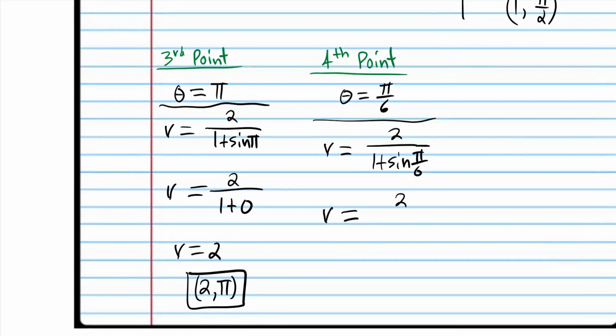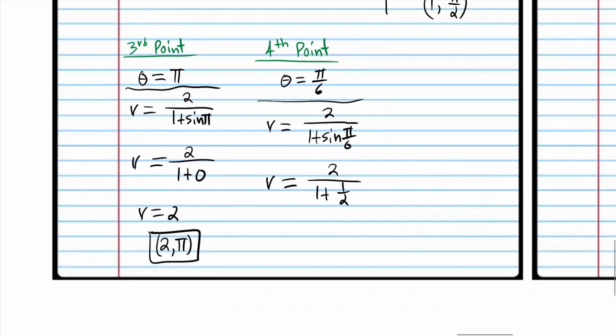So we get 2 over 1 plus 1/2. Now you might be thinking, how in the world did I get 1/2? Well, again, that's just basic trigonometry. So if your angle is 30 degrees, that's pi over 6, then you have a 30, 60, 90 degree triangle.